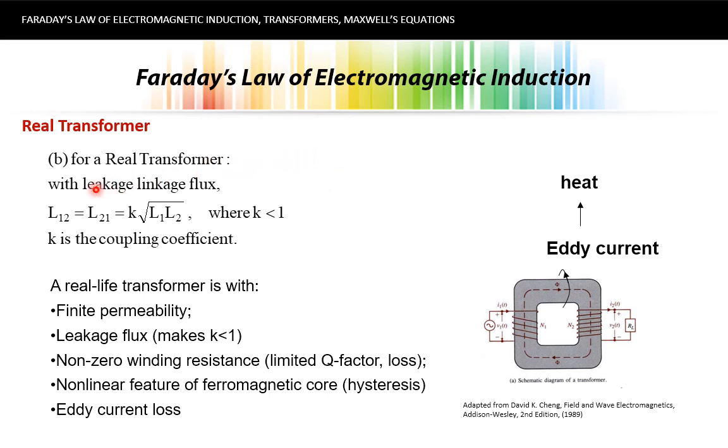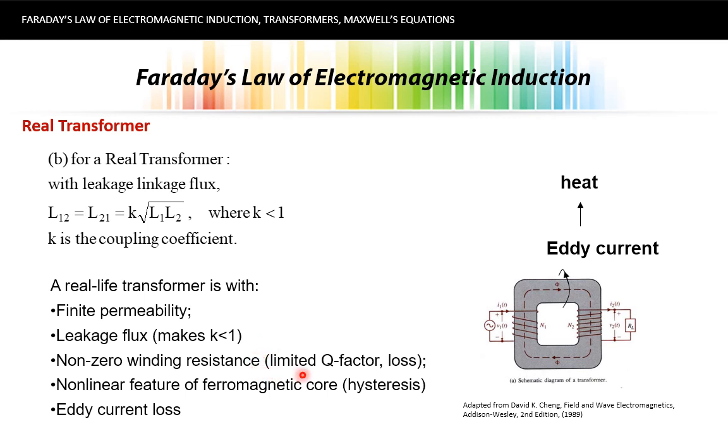For the case of a real transformer with linkage flux, L12 is equal to L21 is equal to K times the square root of L1 times L2, where K is less than 1. K here is the coupling coefficient. For a real-life transformer, we have a finite permeability, and we have a leakage flux, which makes K less than 1.